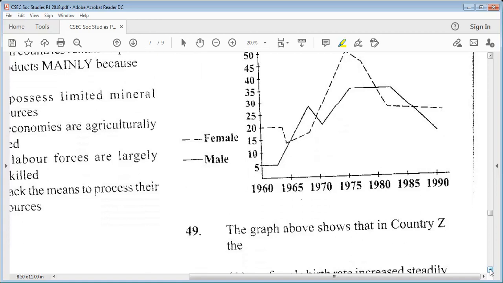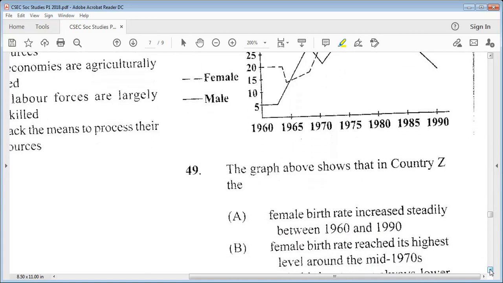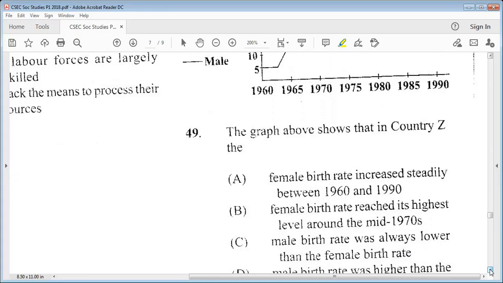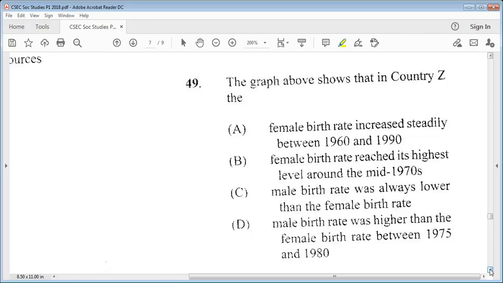The graph shows that in country Z, A, the female birth rate increased steadily between 1960 and 1990. B, female birth rate reached its highest level around the mid-1970s. C, male birth rate was always lower than the female birth rate. Or D, male birth rate was higher than the female birth rate between 1975 and 1980.